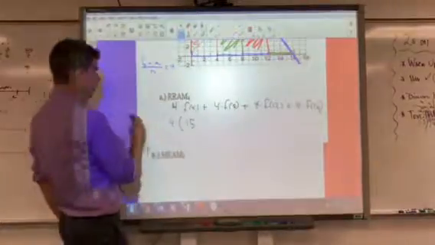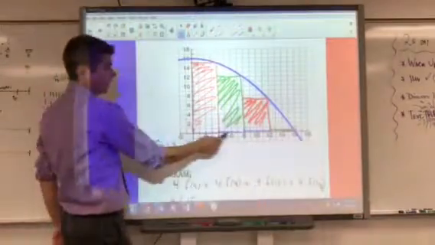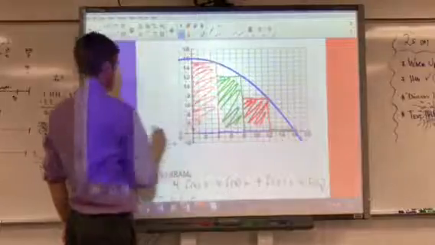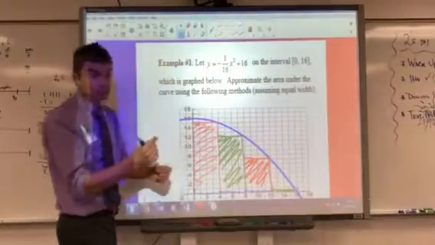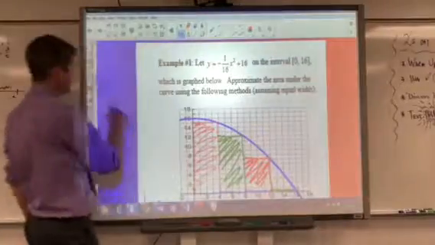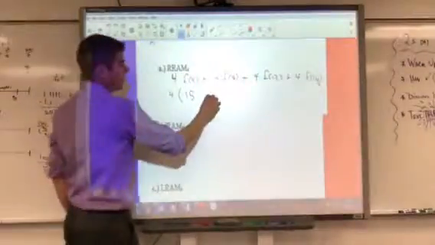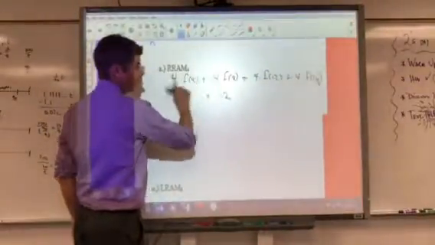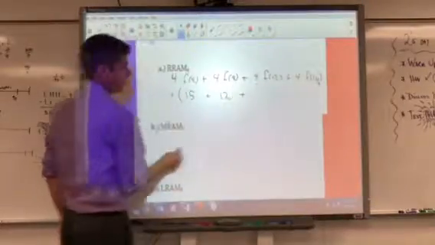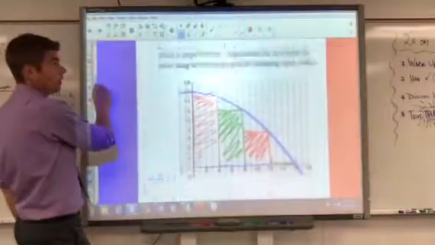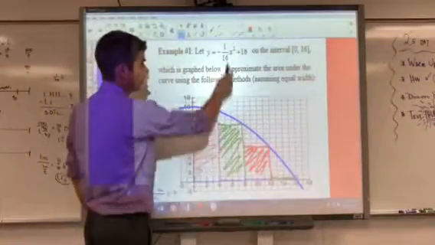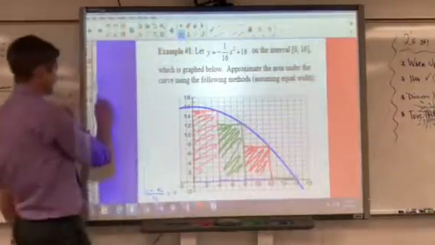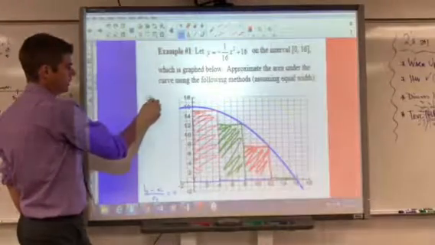And then if I evaluate 8, again, you could either look at the graph or you could substitute into the function. 8 squared is 64, negative 1/16 of 64 is negative 4, plus 16 is 12. Remember, I've already factored that 4 out. We could plug in 12 and then plug in 16 as well. 12 squared would be 144. 144 over 16, what is that?